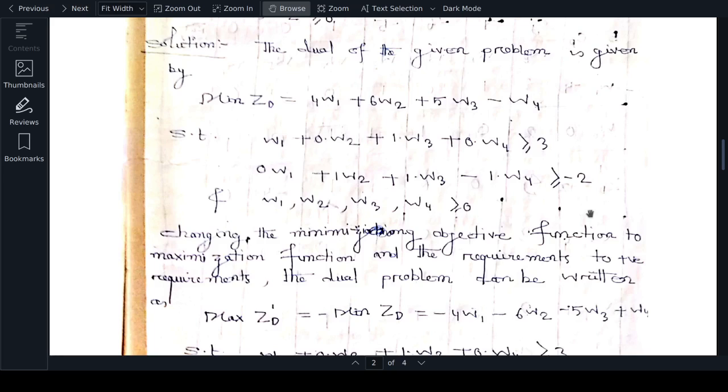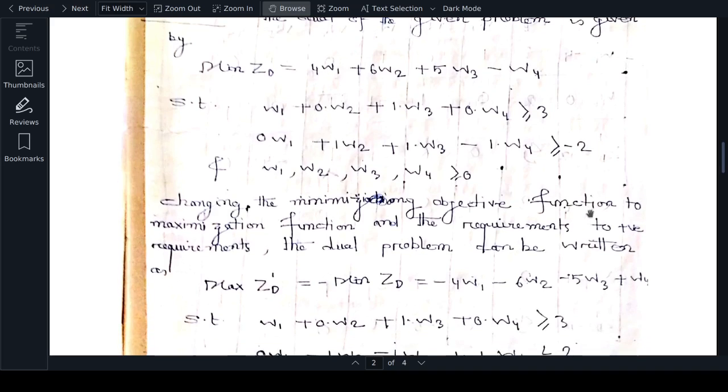Here the dual is minimization, min ZD, so first we write max ZD dash equal to minus min ZD. The value of min ZD is minus 4W1 minus 6W2 minus 5W3 plus W4. Next, the first constraint's constant part is 3, no problem. The second constant term is minus 2.